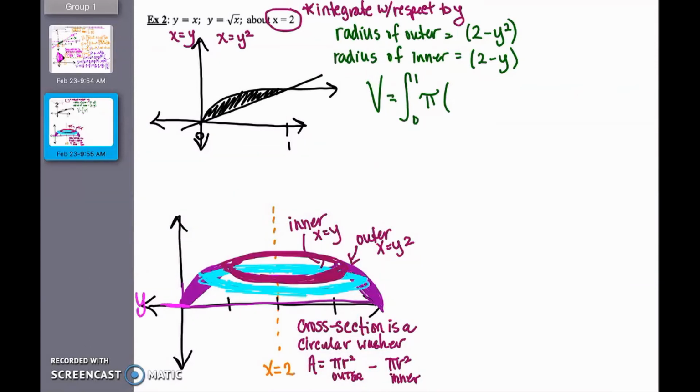This right here is still y equals 0, and this point right here where they intersect is y equals 1. So just like on the x-axis it went from 0 to 1, on the y-axis my shape also goes from 0 to 1. We are integrating with respect to y, but our area shape, our leaf or our little boat that we're spinning around x equals 2, lives from 0 to 1 on the y-axis, just like it lived from 0 to 1 on the x-axis.